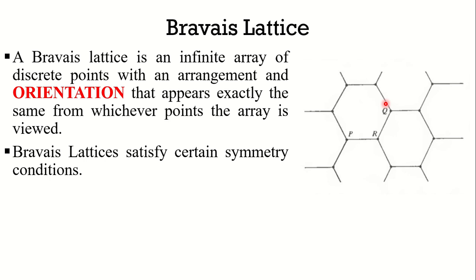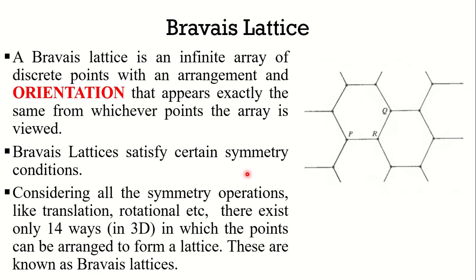Now Bravais lattices satisfy certain symmetry conditions. These symmetry conditions are beyond the discussion of this lecture, so we will not discuss them. Considering all the symmetry operations like translation, rotation, etc., there exist only 14 ways in which the points can be arranged to form a lattice.